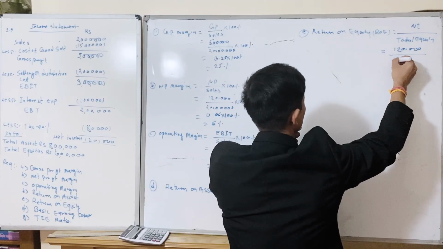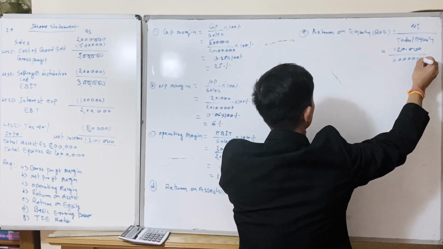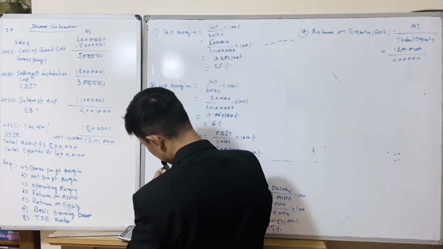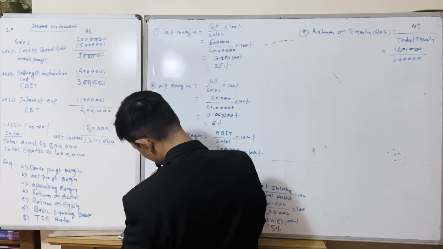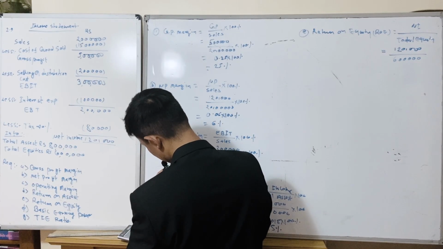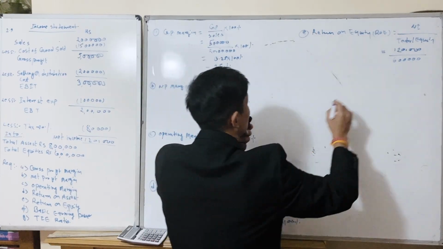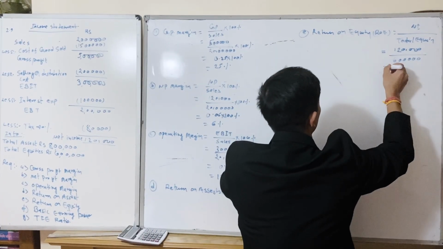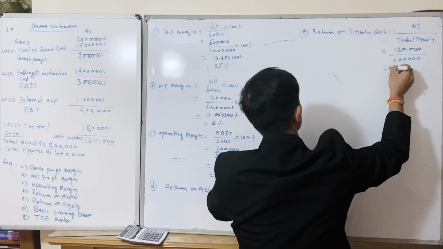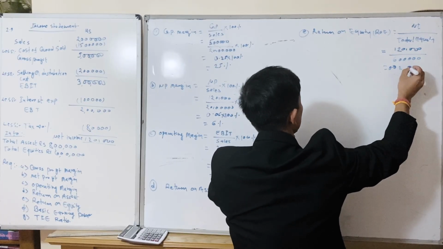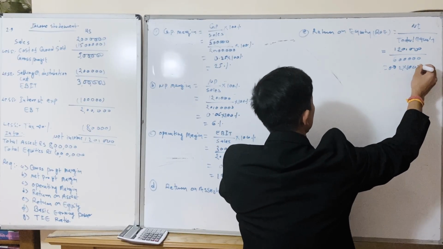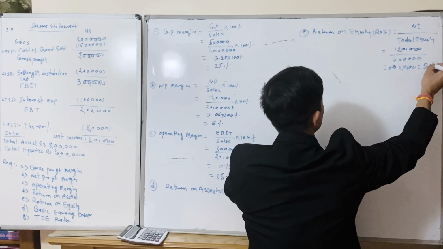So let's divide 1,20,000 by 6 lakh. We get 0.02, again multiply by 100, we get 2%.